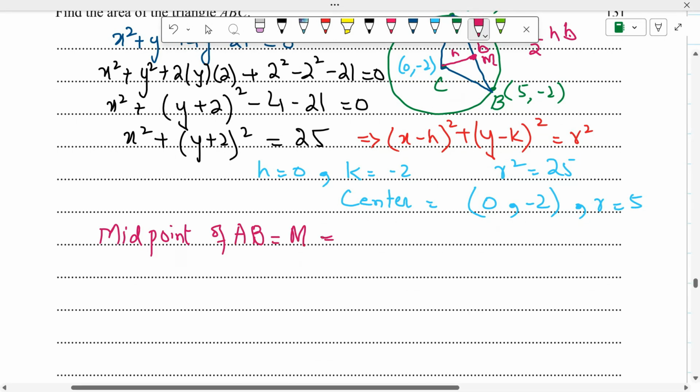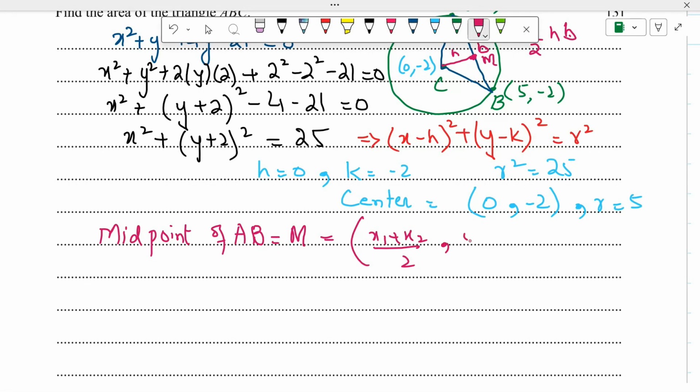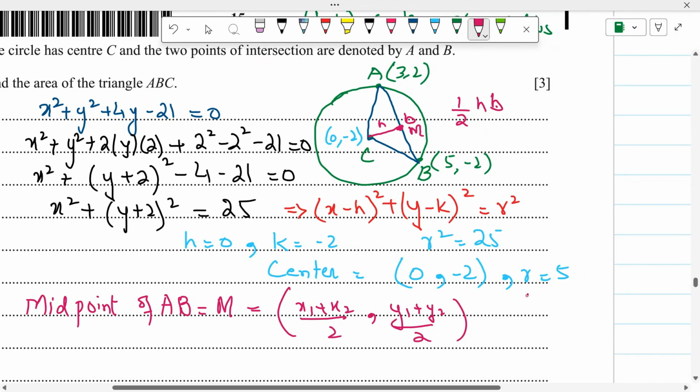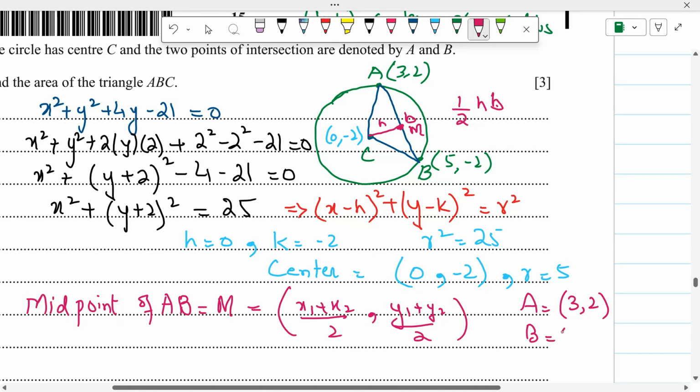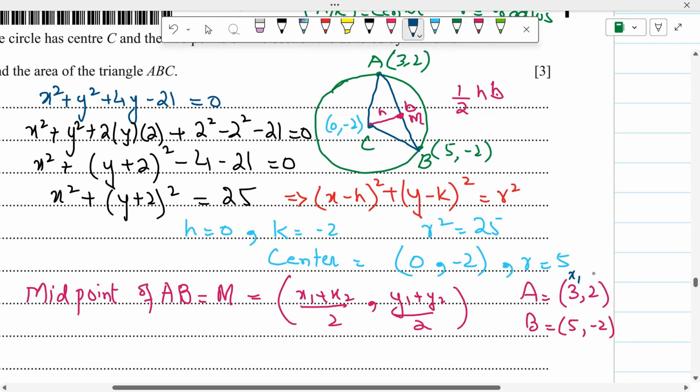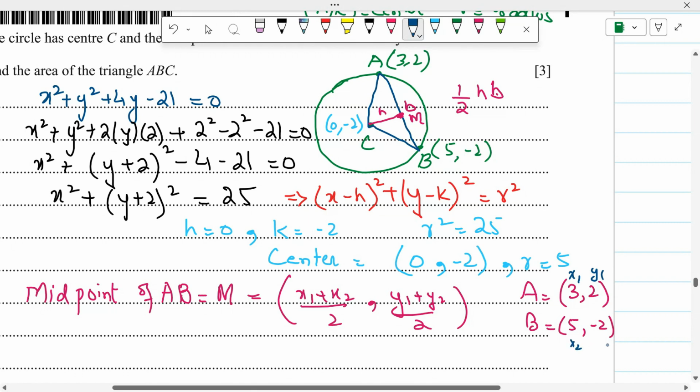The midpoint M of AB can be found by using the formula x1 plus x2 over 2 comma y1 plus y2 over 2. In this case, A is 3 comma 2 and B is 5 comma negative 2, which are x1 y1 and x2 y2.